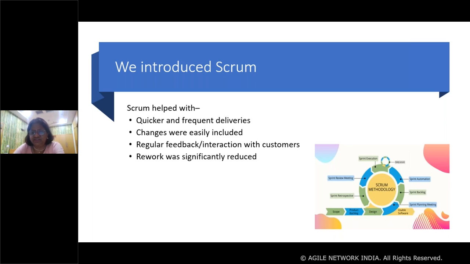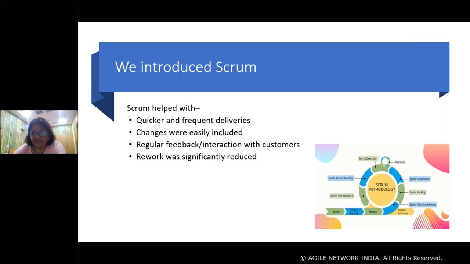We groomed the stories, put them in the product backlog, and then during the sprint planning, we would push them into each of the sprints. We had around 2-week sprints, and we delivered at every 2-week interval.